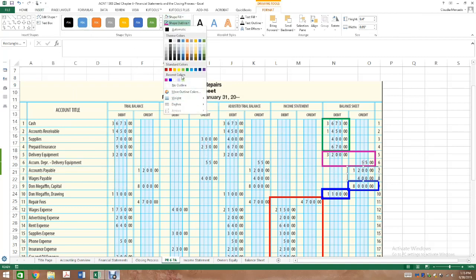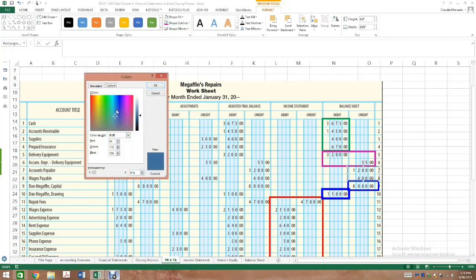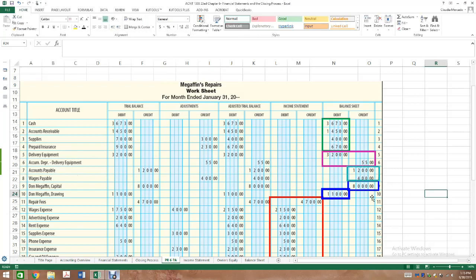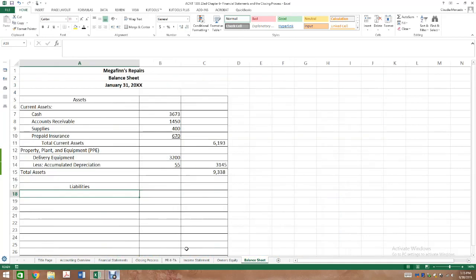These are my liabilities: accounts payable and wages payable, $1,200 and $400.